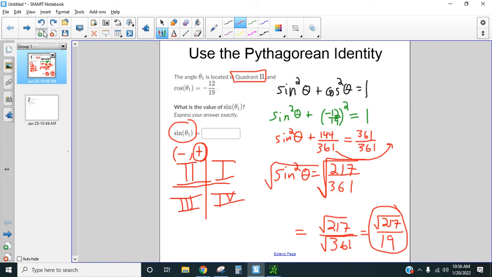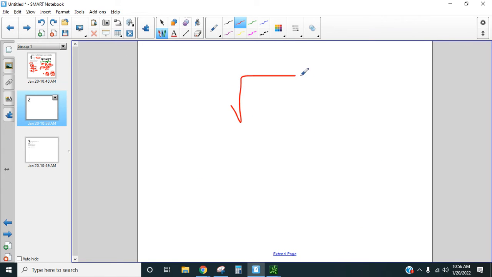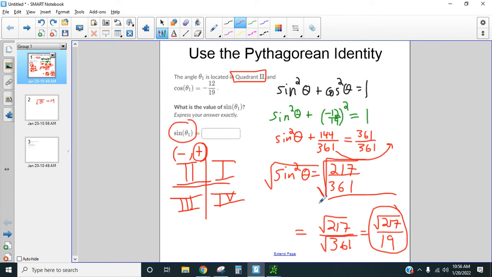For example, if I ask you, hey, what number times itself equals 81? The answer in some situations could be positive or negative, right? So when we're solving this situation and we do this last step here, our answer could be negative, depending on what quadrant we're in. If it had said quadrant 3 or quadrant 4, anywhere down here, the sine is negative.